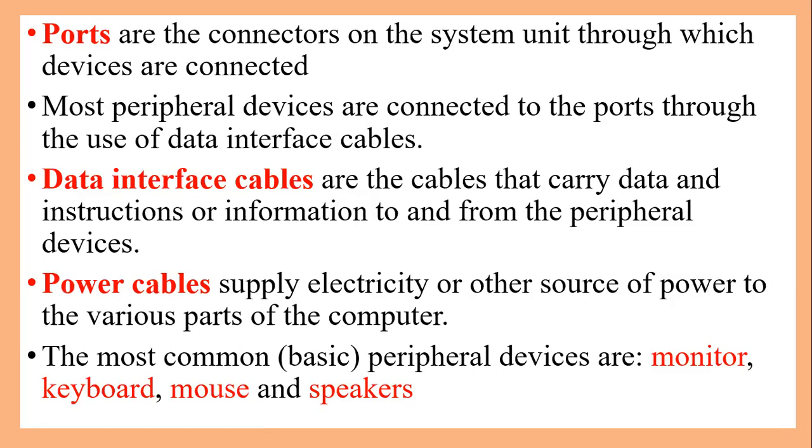The data interface cables are the cables that carry data and instructions or information to and from the peripheral devices, while the power cables are those cables that are used to supply electricity or a source of power to the various parts of the computer. The most common or basic peripheral devices that are found in an ordinary computer include the monitor, the keyboard, mouse, and speakers.